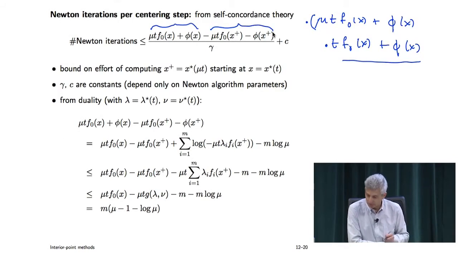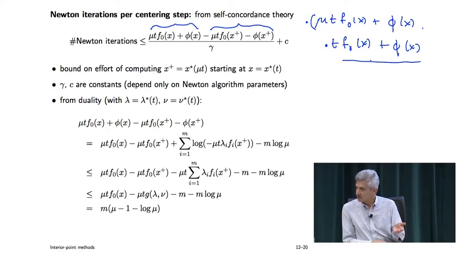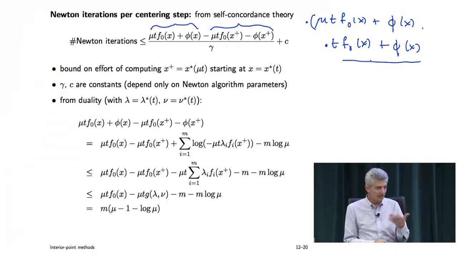So x is the current point, x plus is the minimizer of this, for the new value of t, which is mu times the old t. Okay? So it says you simply say it's the starting function value minus the final one, multiplied by a constant, and then plus c, where c is 6, right? Or log 1 over epsilon, whichever, right? So that's what it is. Okay, so we have to bound this.